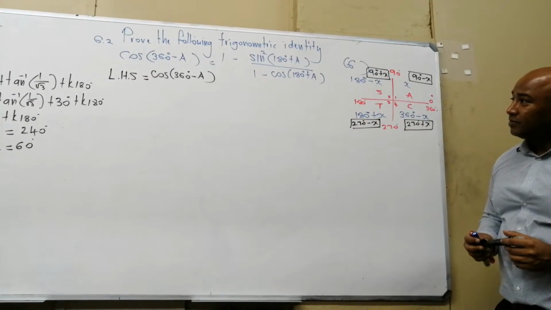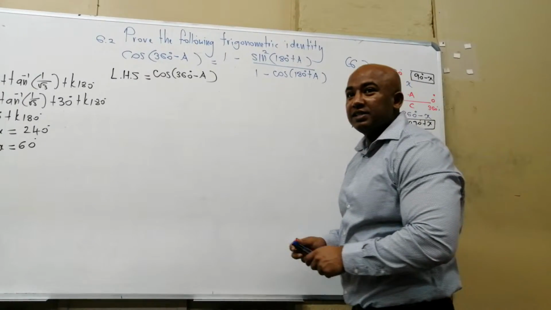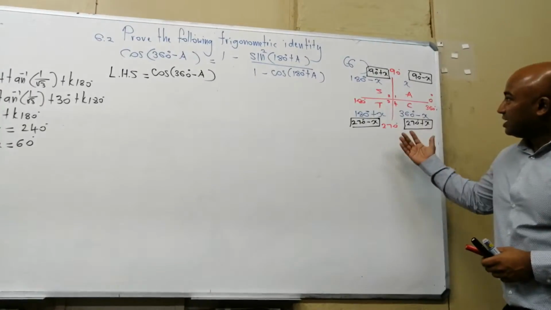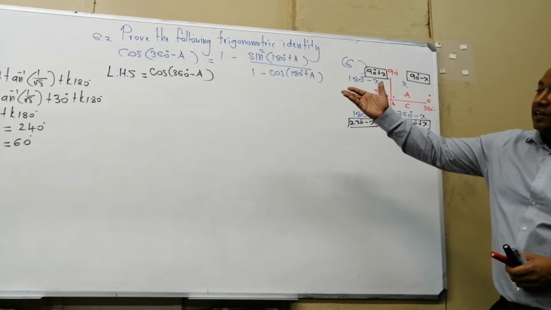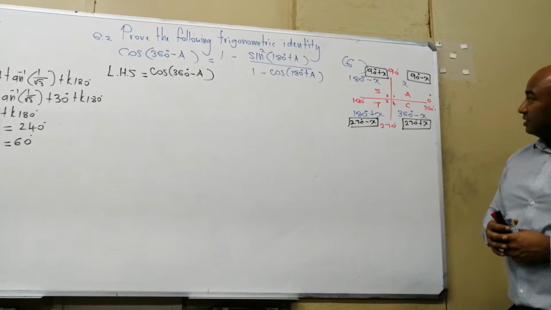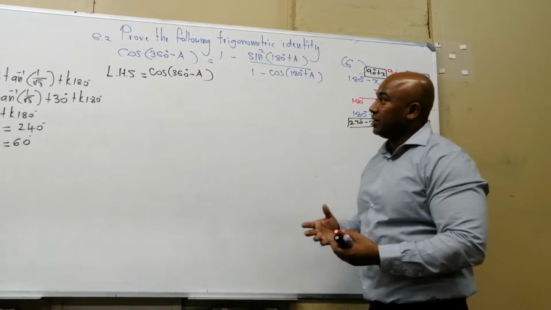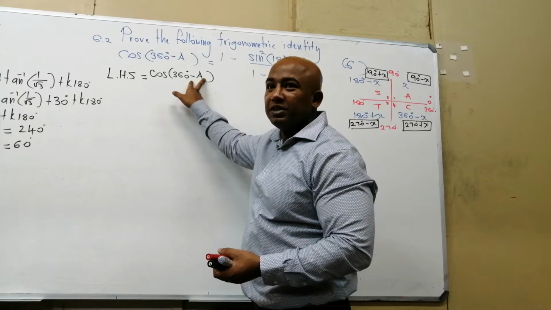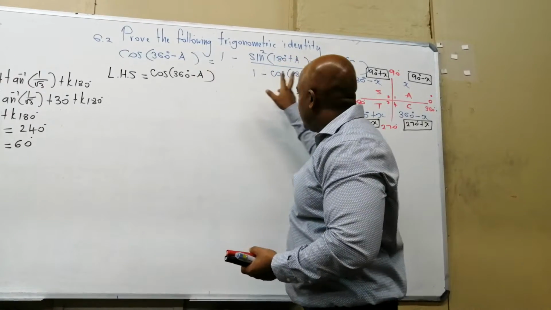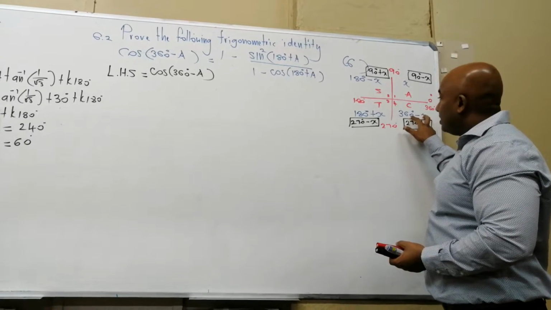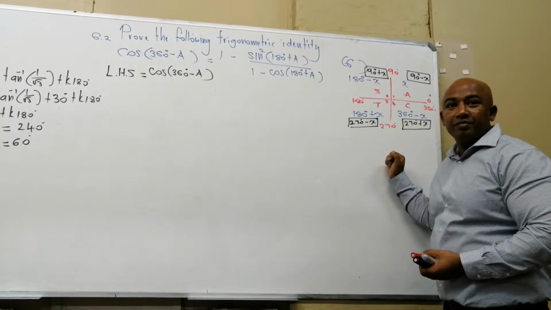Okay. So cos of 360 degrees minus a. How do we use the shortcut method, which is the CAST diagram, to reduce cos of 360 minus a? First of all, we check which quadrant is 360 minus a. Which quadrant is it? It's the fourth quadrant. In the fourth quadrant, what's positive?